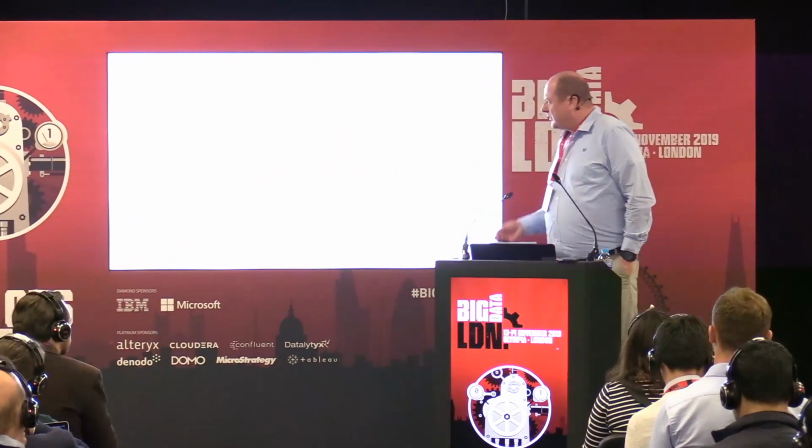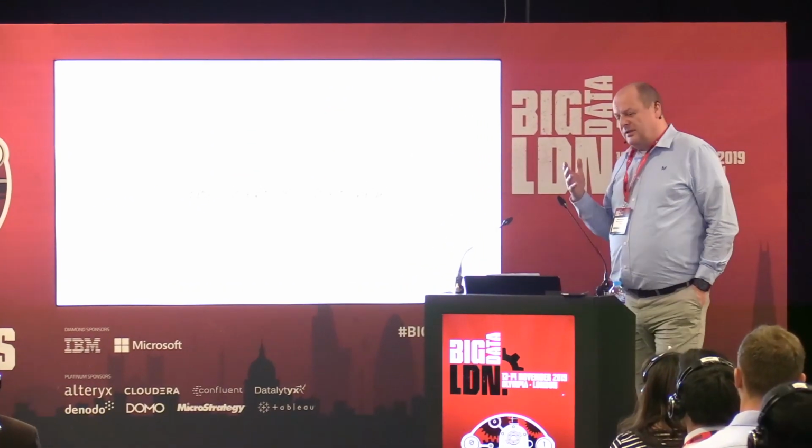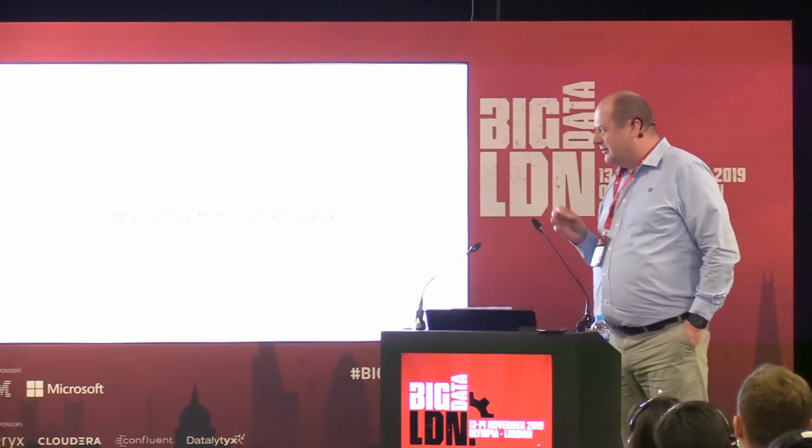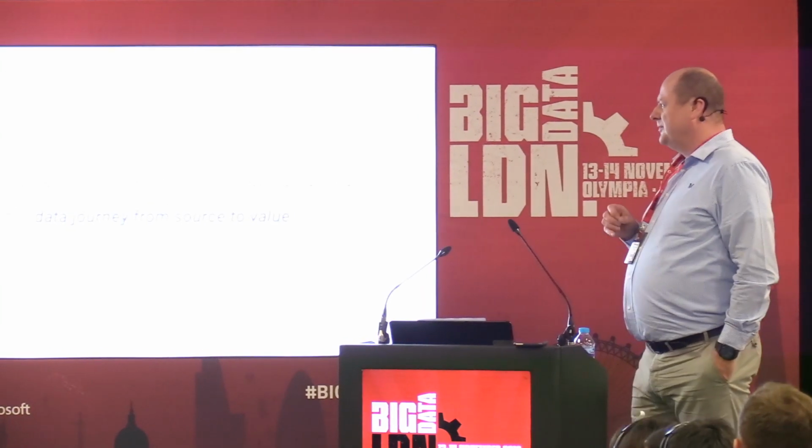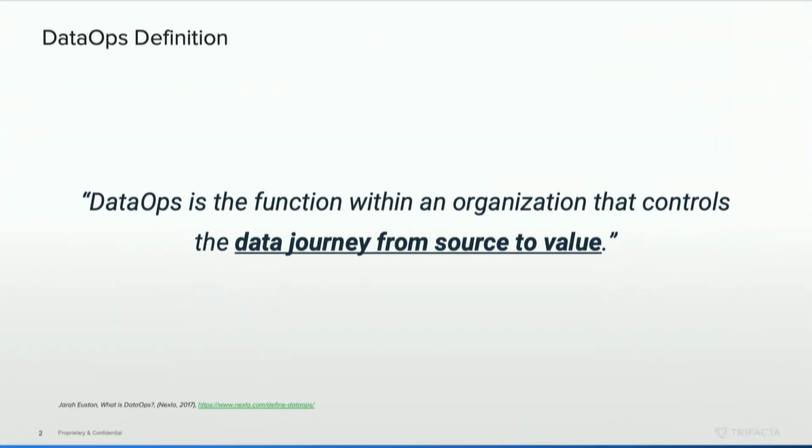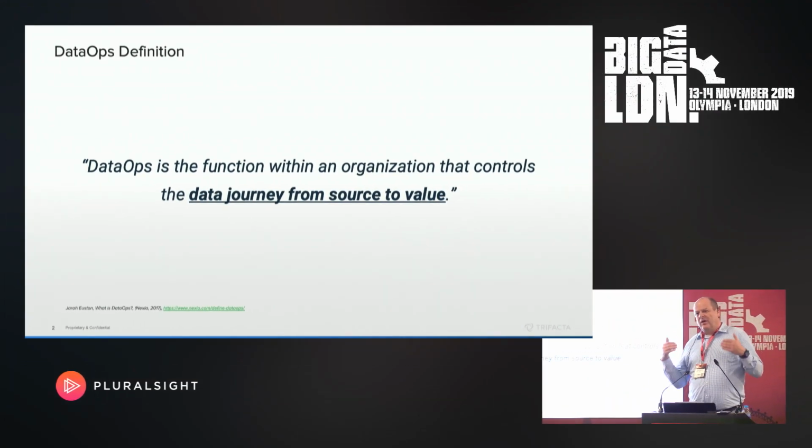So, if we look at DataOps itself, this is a very succinct perspective. Basically, it's all about the data journey from the source system to how you get value. It's basically evolved out of development operations. There were obviously inefficiencies, very long cycle times, people weren't delivering around analytics.